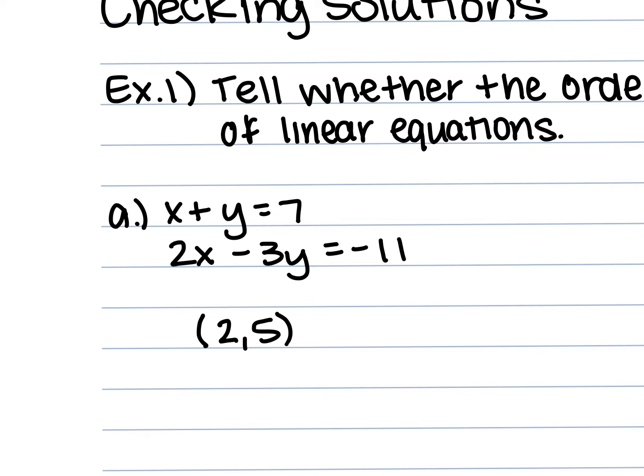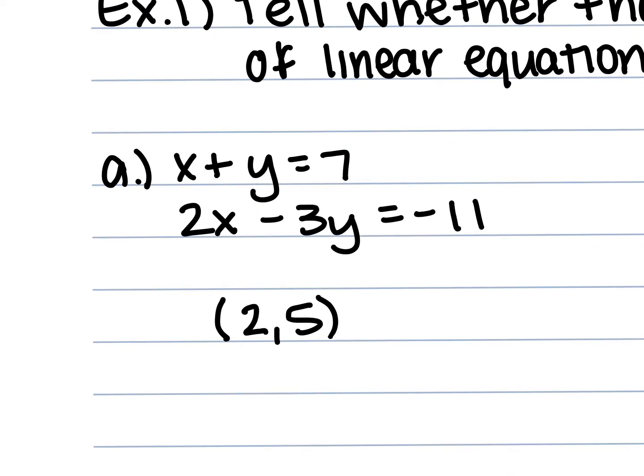How we test this is we just plug it in to both equations. Now, it has to work for not just one, but both equations. Okay? So, if I have the point 2 comma 5, what am I substituting in? I'm substituting 2 for what? X. And I'm substituting 5 for what? Y. Y equals 5. So now take each of the equations and make those substitutions.